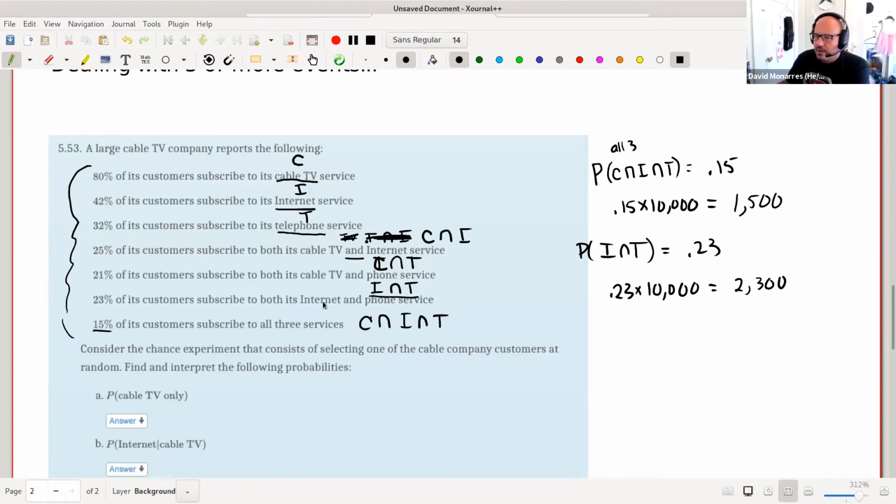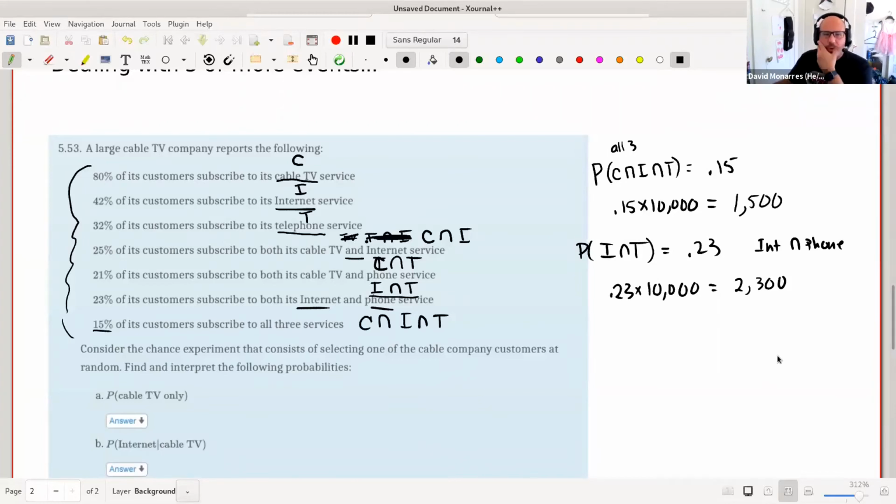Internet and telephone. Sorry, we don't have enough letters to make them not all confusing. But 23% use internet and phone. Because if I make it P, it's not going to be good, since P is also for probability. So let's just call it INT and PHONE.